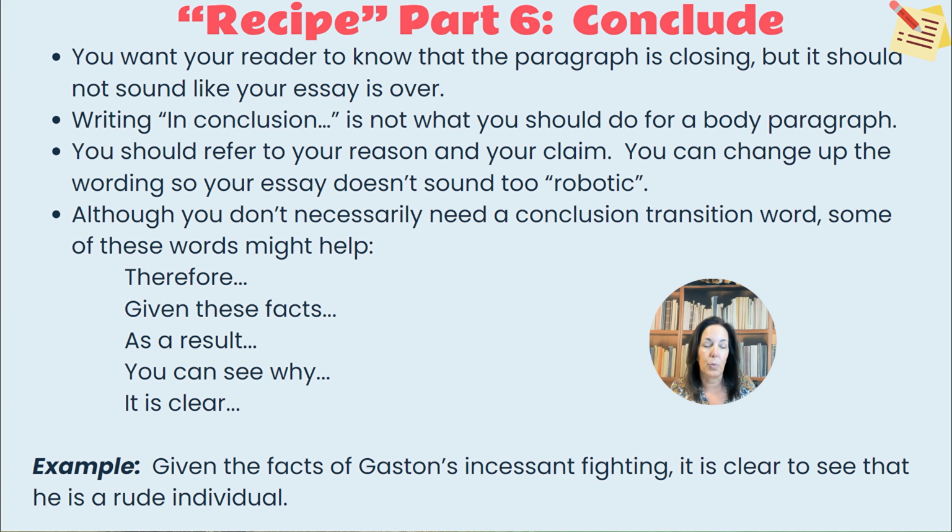You can change up the wording so your essay doesn't sound what I would call robotic, right? Like a robot is just saying the same thing over and over. Although you don't necessarily need a conclusion transition word, some of these words might help you: therefore, given these facts, as a result, you can see why, and it is clear.